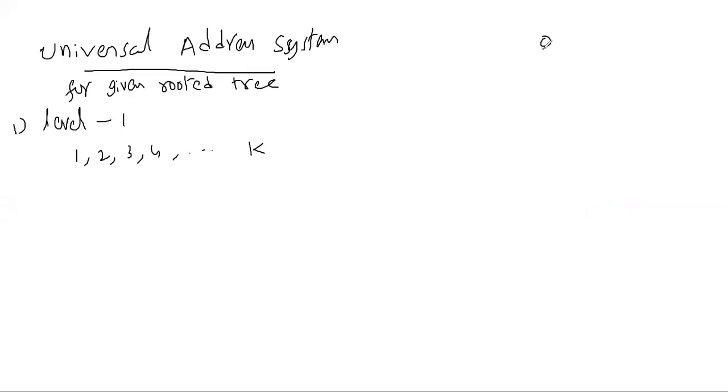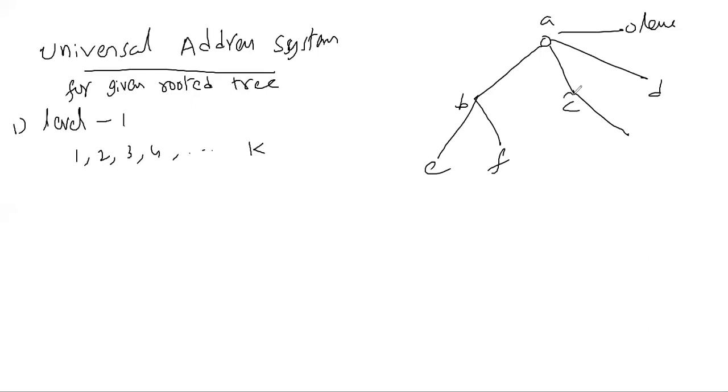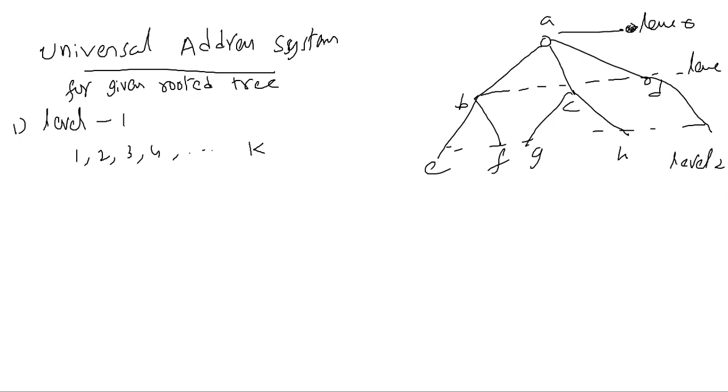One more time. This is level 0. Next, A, B, C, D. Next, E, F. Here G, H. So this is called level 0, this is called level 1, and this is called level 2.